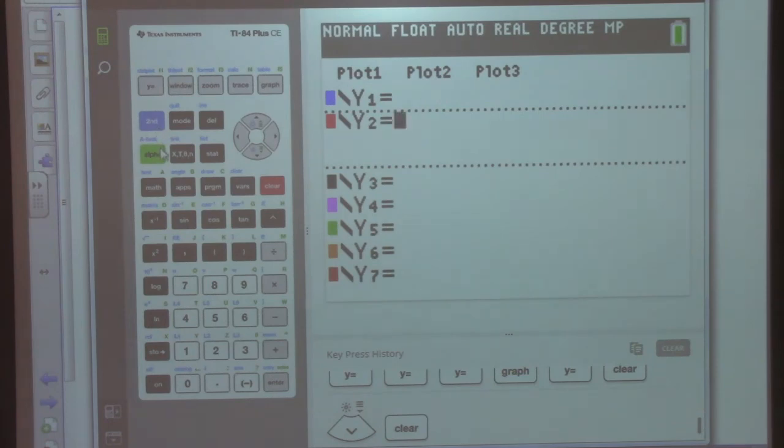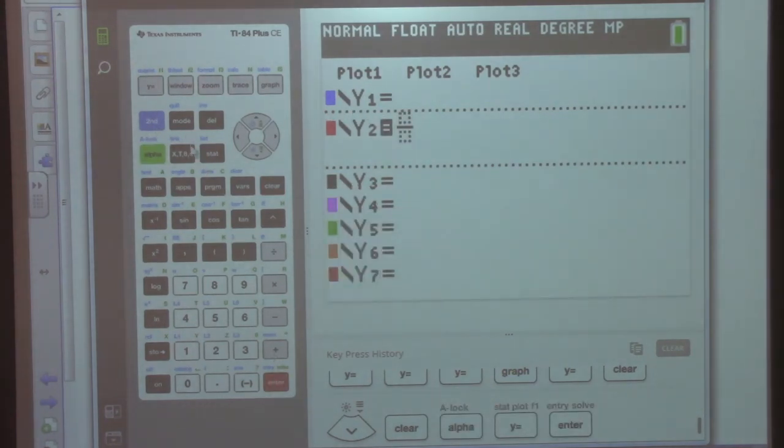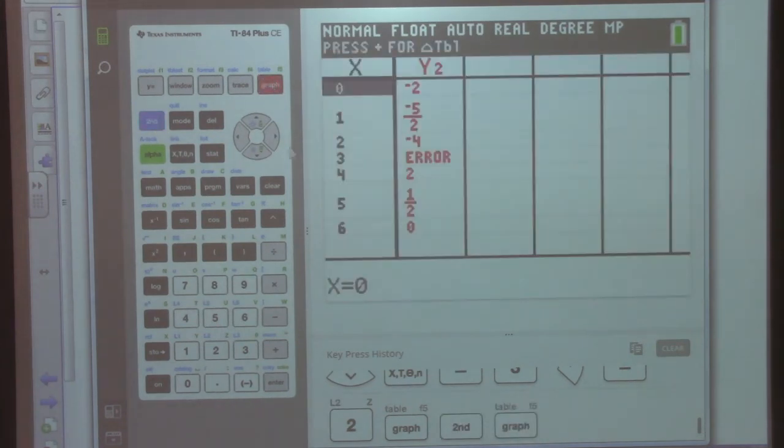We have x over x minus 3 and then minus 2 will go right here. So this is what it looks like. And so where do you see the x-intercept here? Looks like 6. Let's go to the table view to be sure. And there we go. All right.